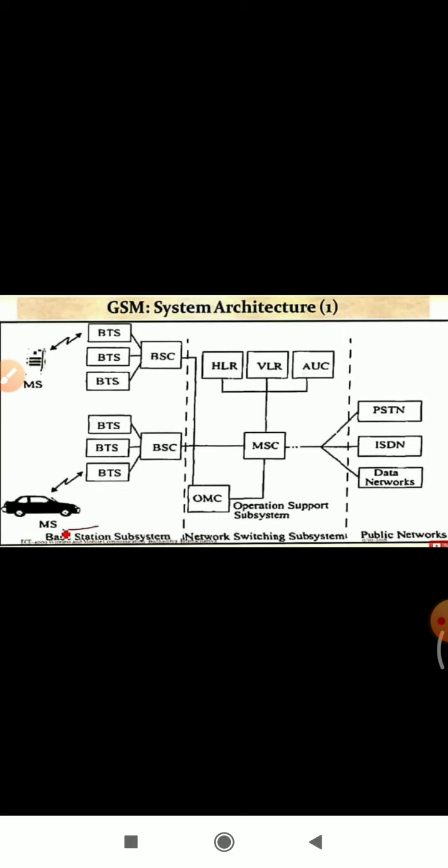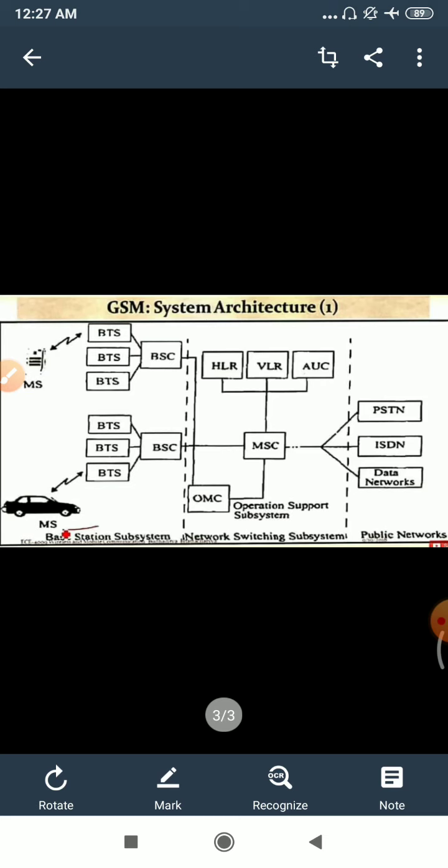The function of BTS is to transmit and receive the signal to the mobile station, while the function of BSC is to control the number of BTS connected to one BSC.